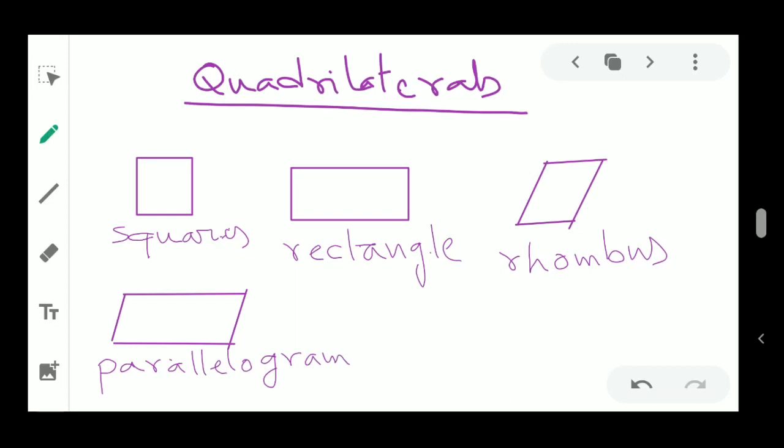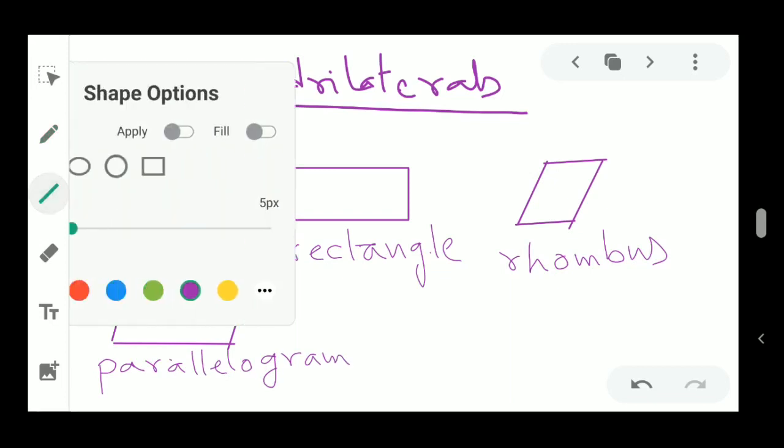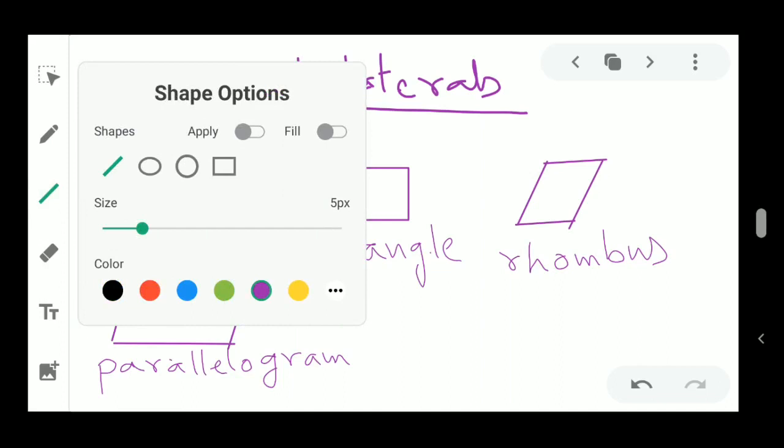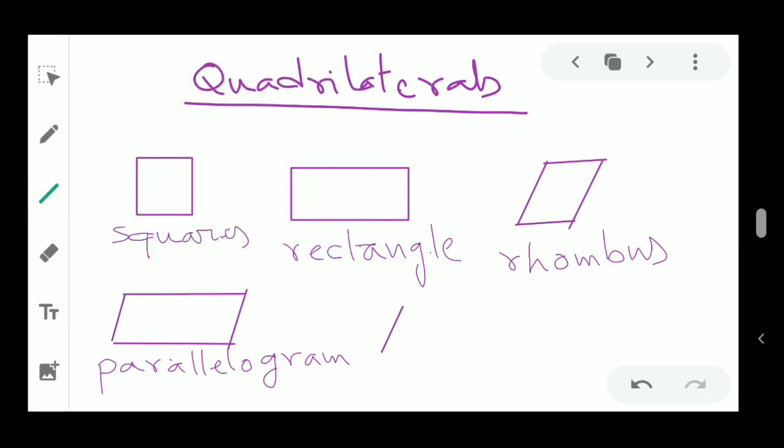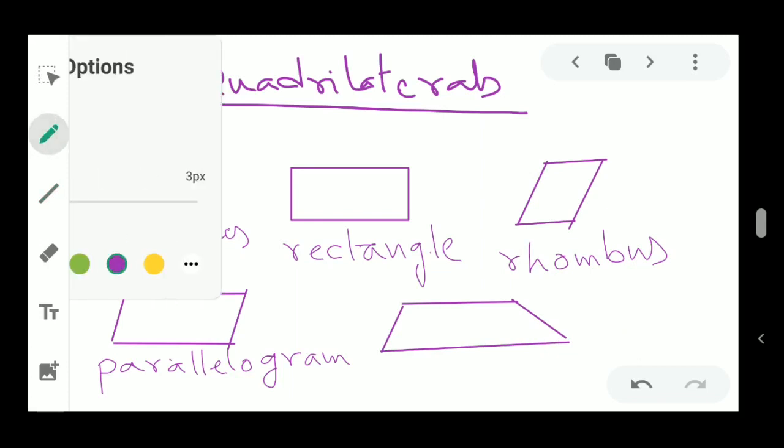And ultimately we have something which you have not studied in class 4, that can look like this, where two opposite sides are parallel, like they are parallel lines.